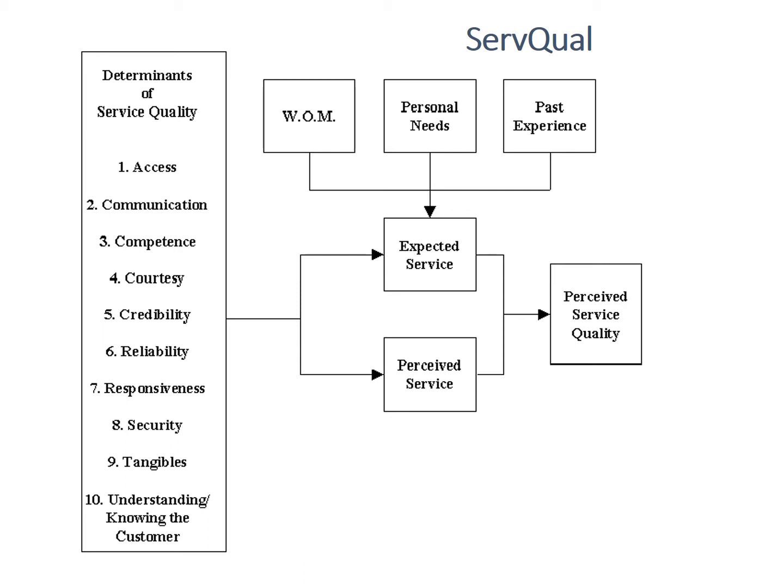Then security, tangibles, and knowing the customer, which leads on to the expected service and the perceived service at the same time, which results in the perceived service quality, being affected by personal needs and past experience.